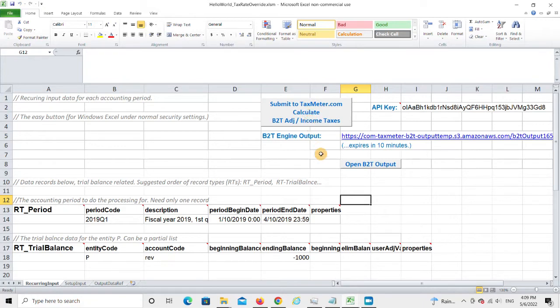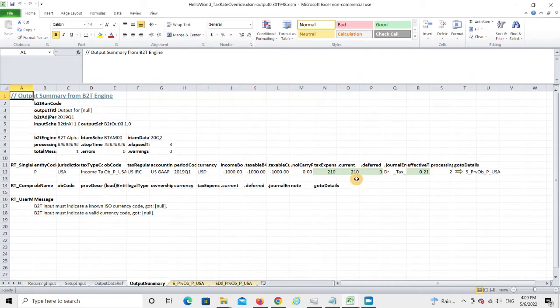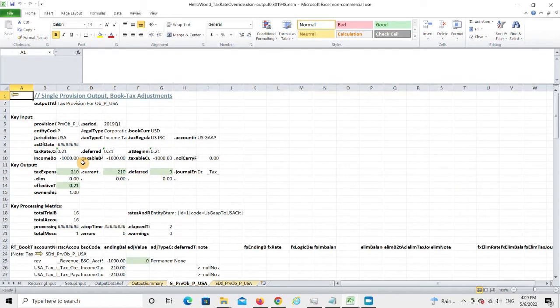So it's done. Let's open the output file and examine the tax rates that were used. So we go to the provision sheet for the calculation. For the USA jurisdiction, we see the tax rate at 21%, which is the USA corporate income tax rate.